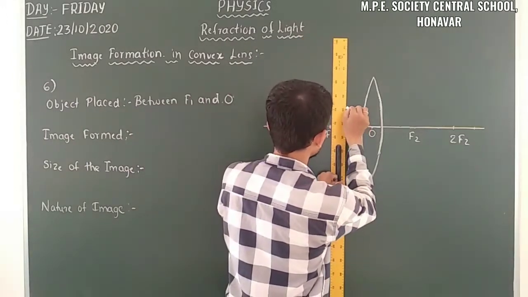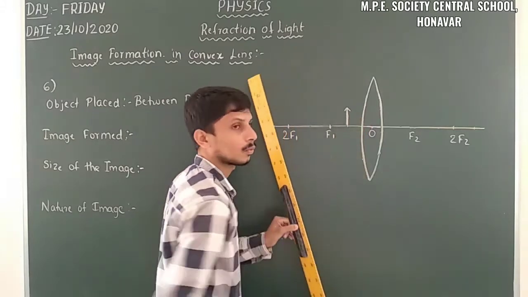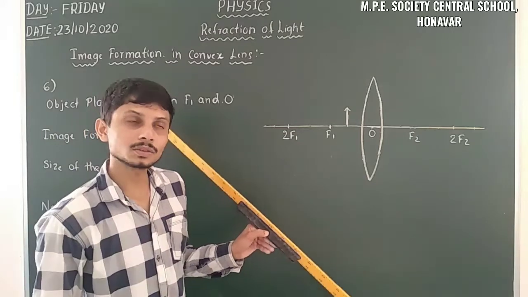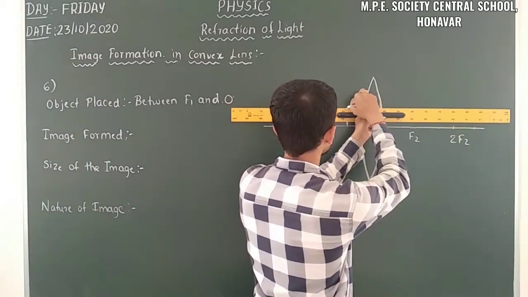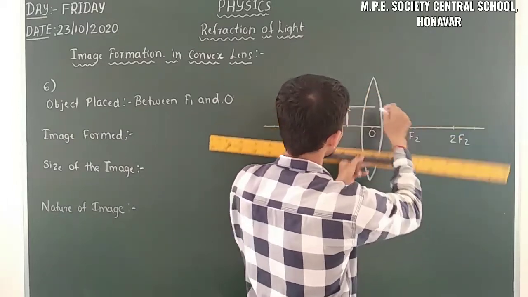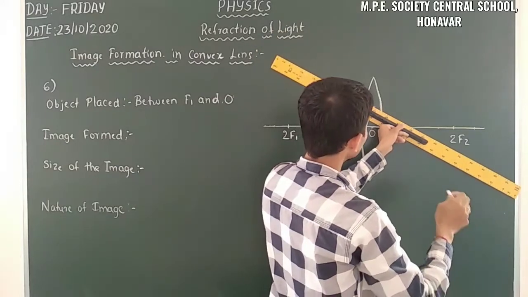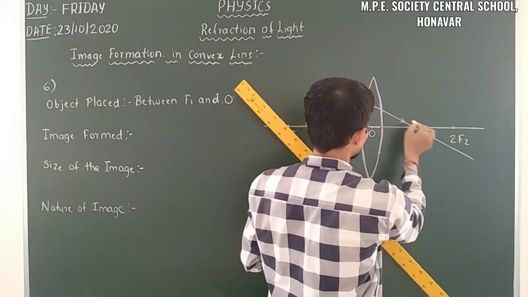We consider the same step: one ray is parallel to the principal axis, another ray passes through the optic center. After refraction the first ray passes through the principal focus.